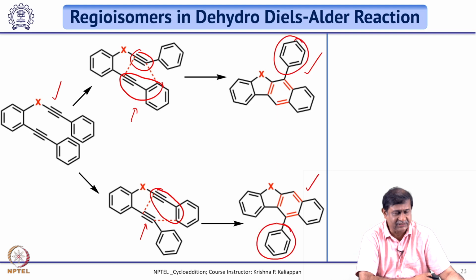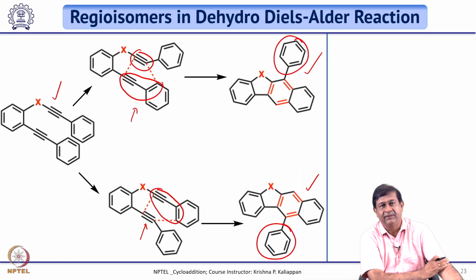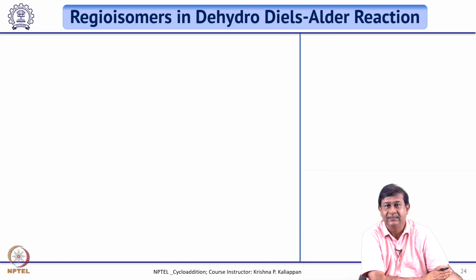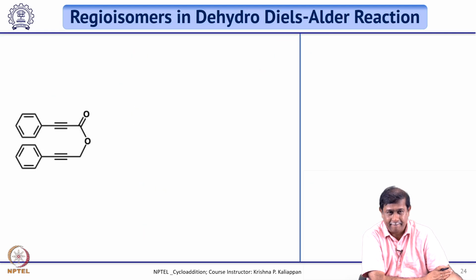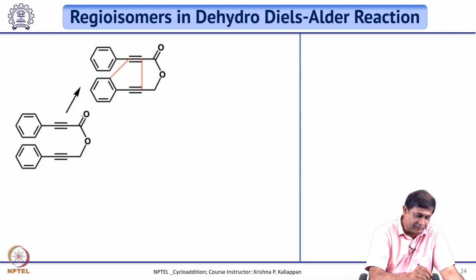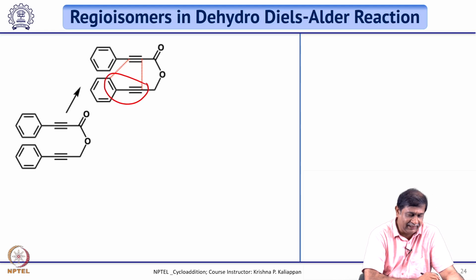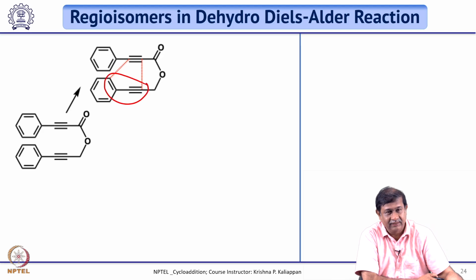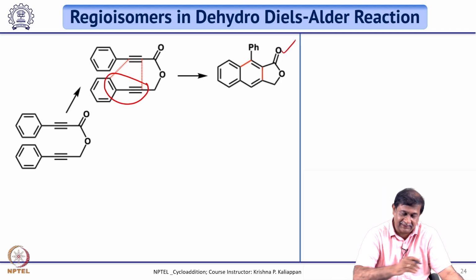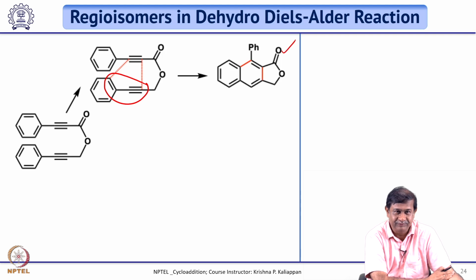So there is a possibility that when you have different substituents, you will end up getting two different regioisomers. Now again, if you look at this compound, one possibility is that this is the enyne, and if this undergoes Dehydro Diels-Alder reaction, you will get this tricyclic compound.